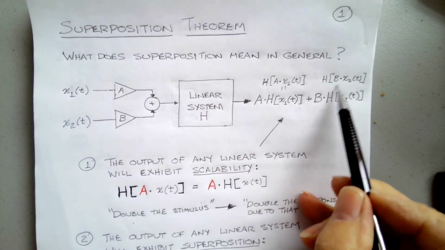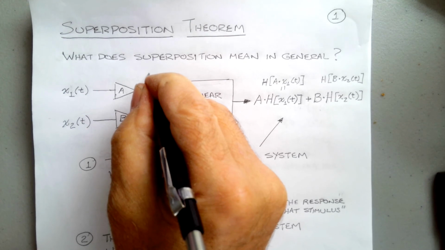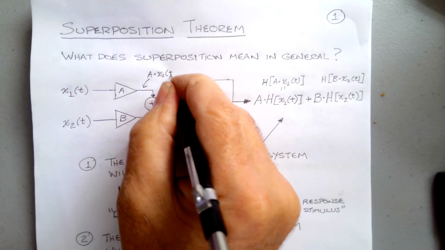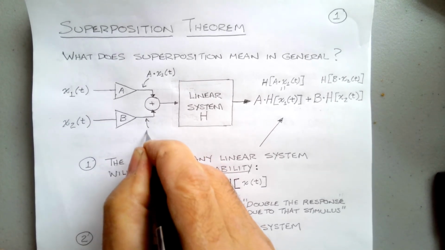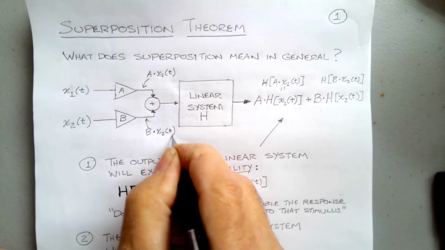That makes sense. If you look at this guy right here, this is a times x1 of t, and this guy right here is b times x2 of t.